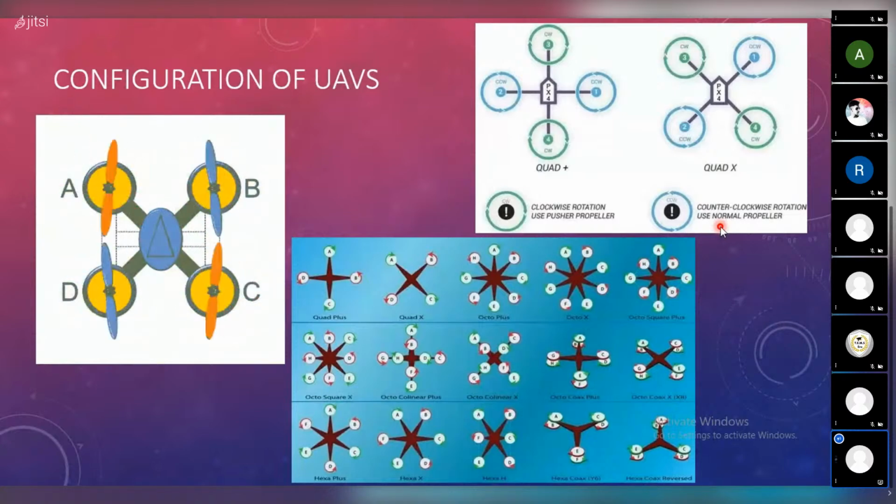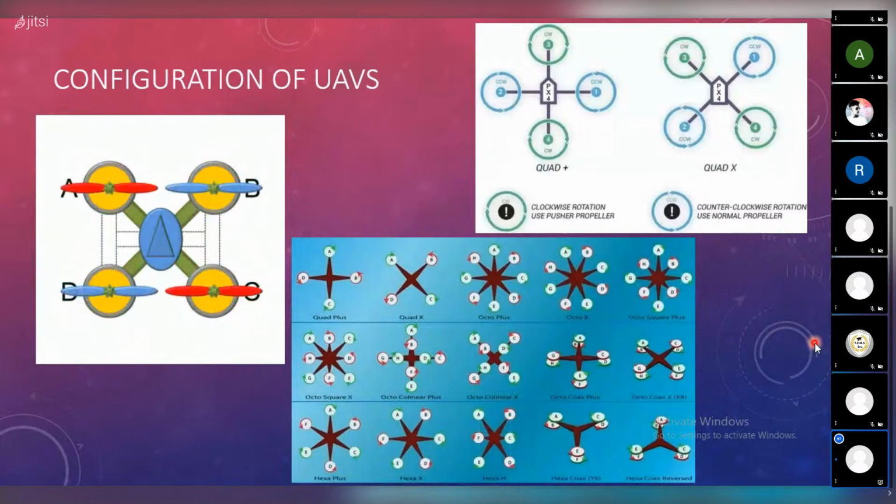You make sure that the resultant force is a little bit higher in the clockwise direction, so that the drone rotates clockwise. That is achieved by rotating the anti-clockwise motors a little faster compared to the clockwise ones, so that you get a clockwise resultant. And then you will see your drone rotate a little bit to the right side.